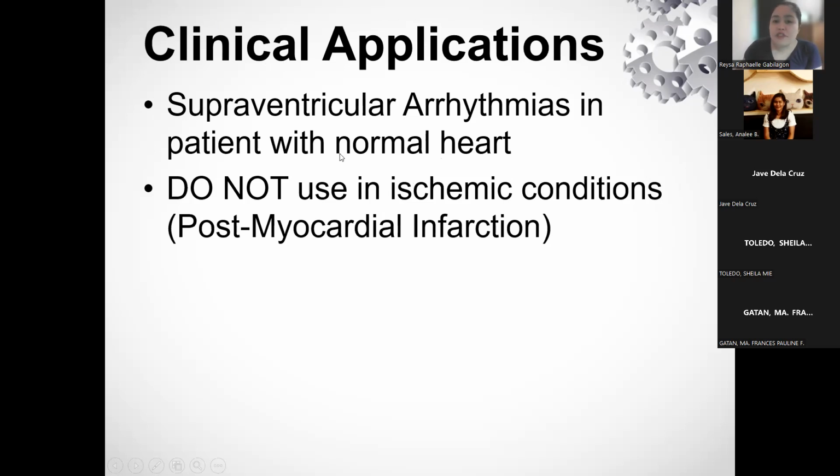So we have here the clinical applications of flecainide. This is used for supraventricular arrhythmias. Remember, when you say supraventricular, we are referring to the atrium. So remember, we have the chambers of the heart. If the patient is experiencing atrial arrhythmia, or what we call supraventricular arrhythmia, but is otherwise normal, the patient has no heart failure, and has no experience of myocardial infarction, so no scarred tissues, no injured heart.